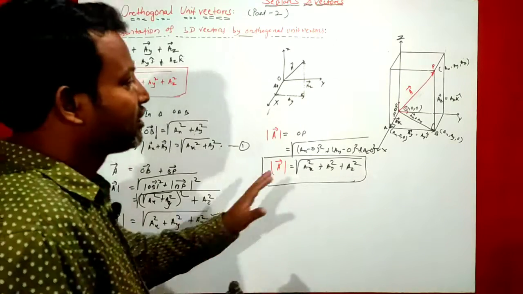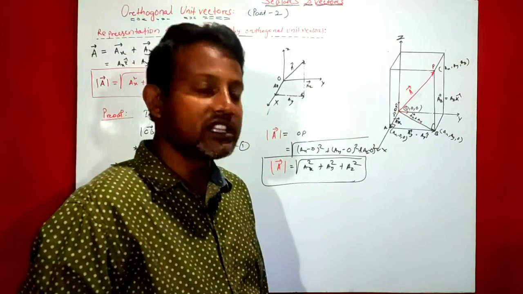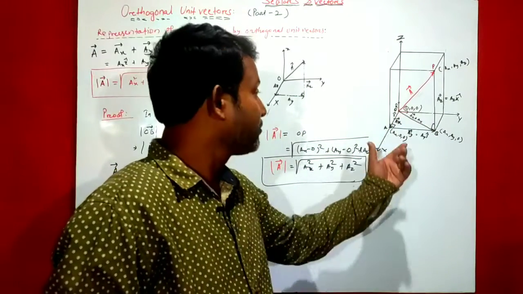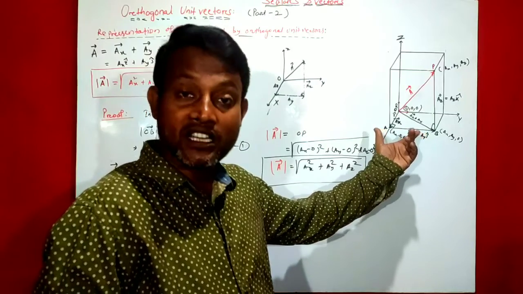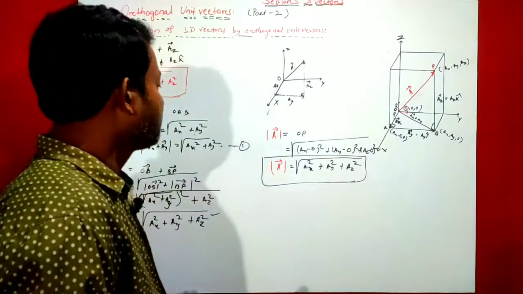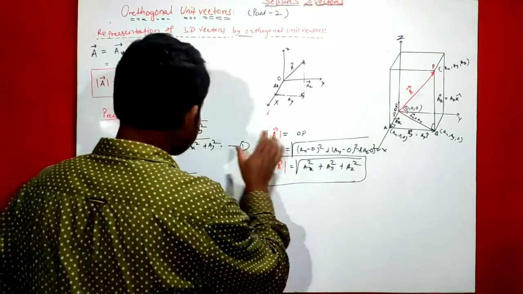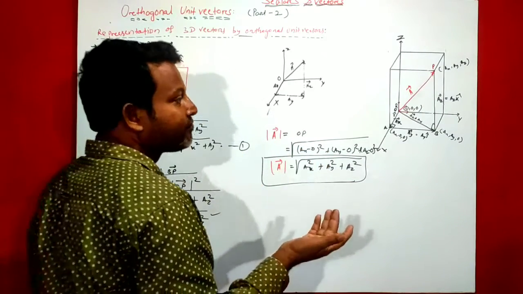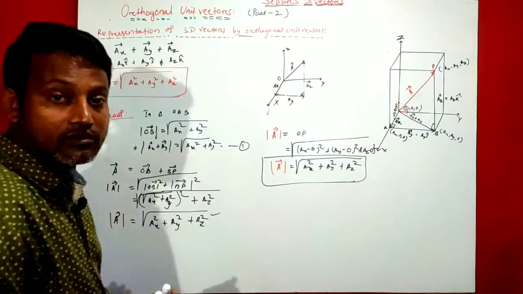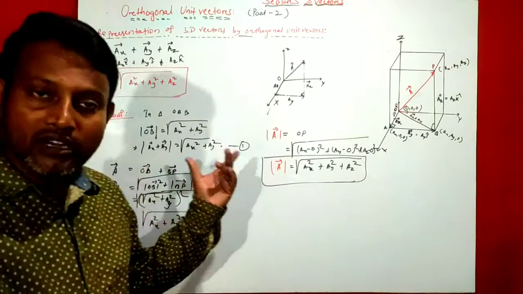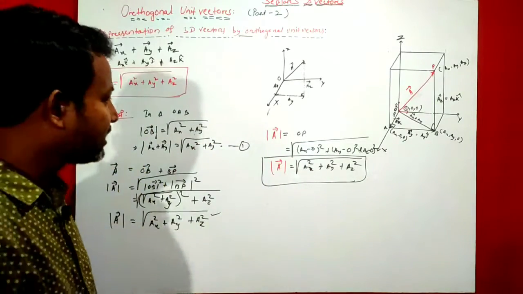One is the geometrical way, using the Pythagoras theorem, but we can also find this formula by using our coordinate system, that is the distance formula in coordinate geometry.